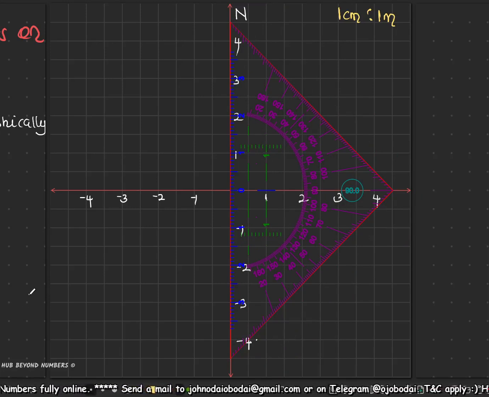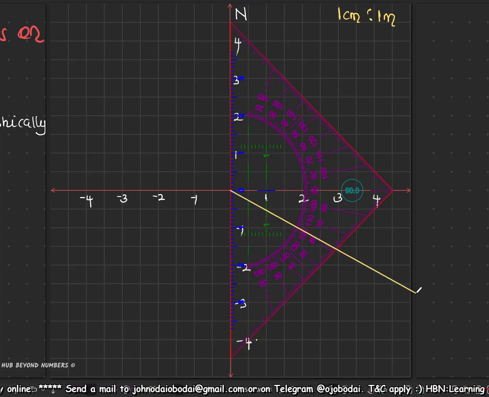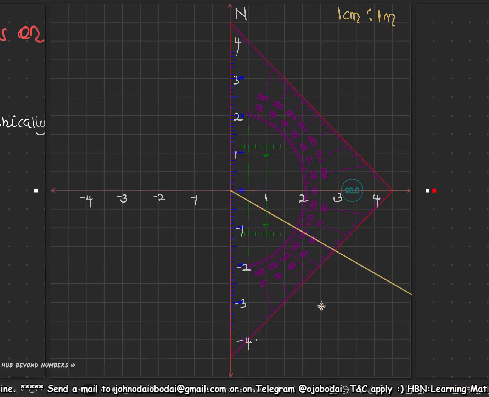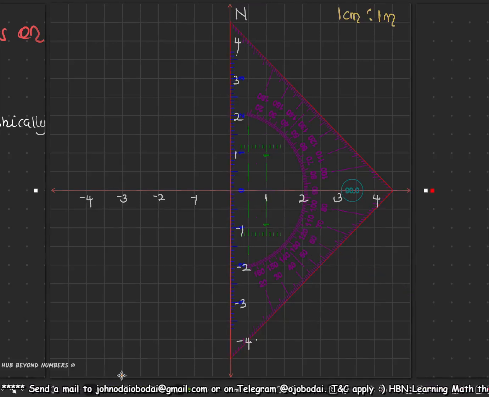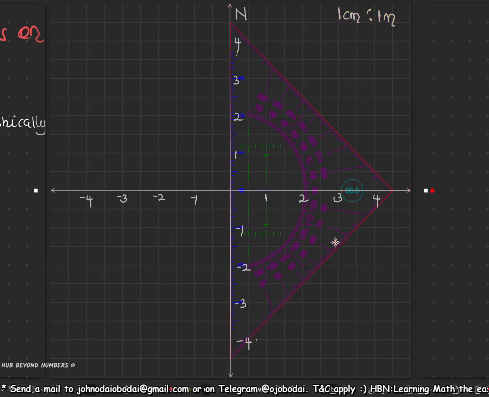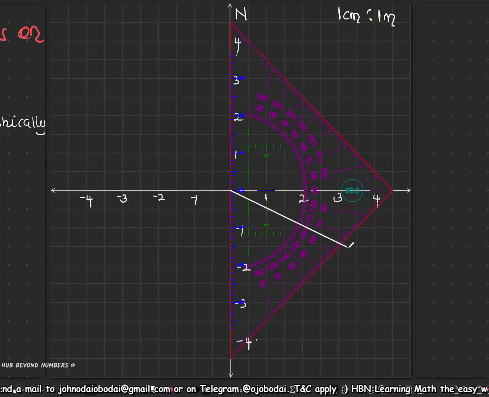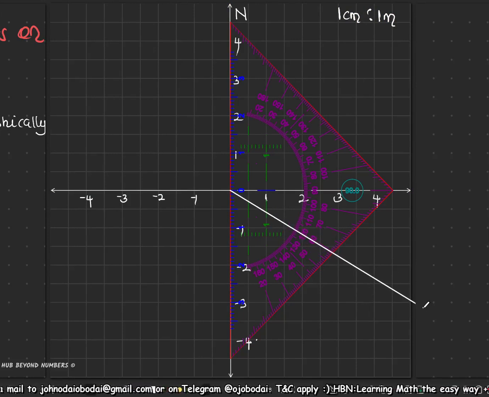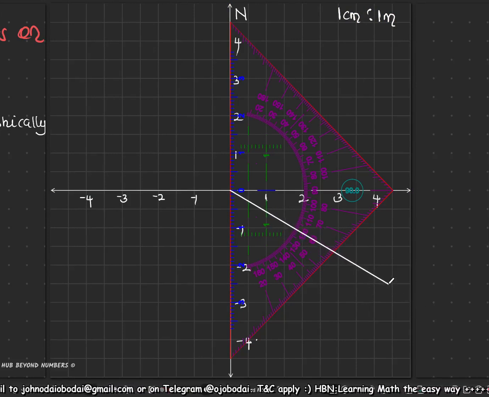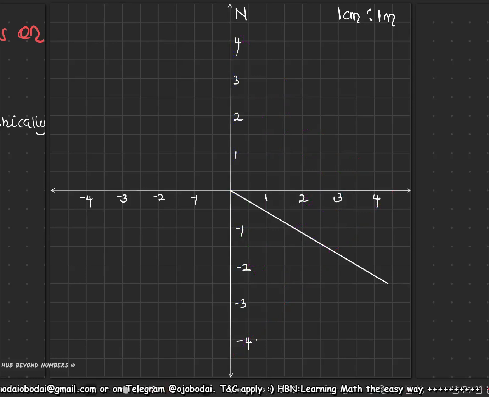Anyway it is, just make sure you draw whatever is expected of you. So we are drawing 120. This here is my 120. Let me use a white. So this here is going to be my 120. You see? So after this drawing, I can now take off my protractor.